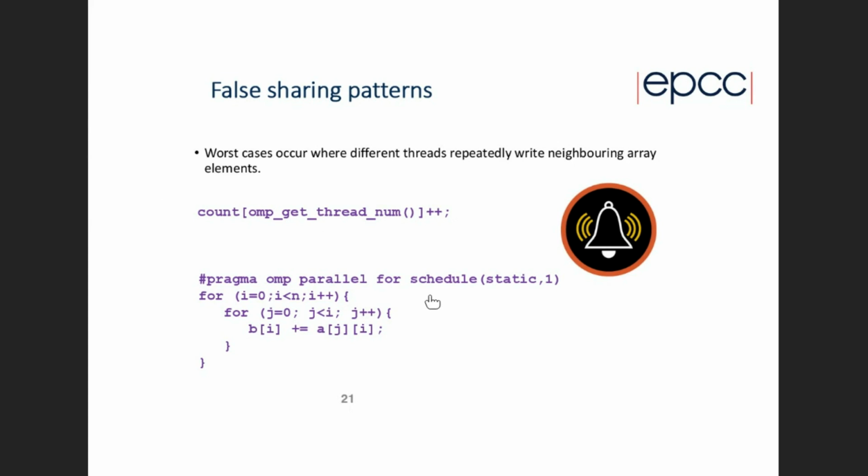Another example is one of the reasons why chunk size of 1 is not necessarily optimal. If my parallel loop indexes a one-dimensional array with frequent writes like this, and I use a static,1 schedule here, then I end up with neighboring threads writing neighboring words in memory, again triggering this kind of problem.